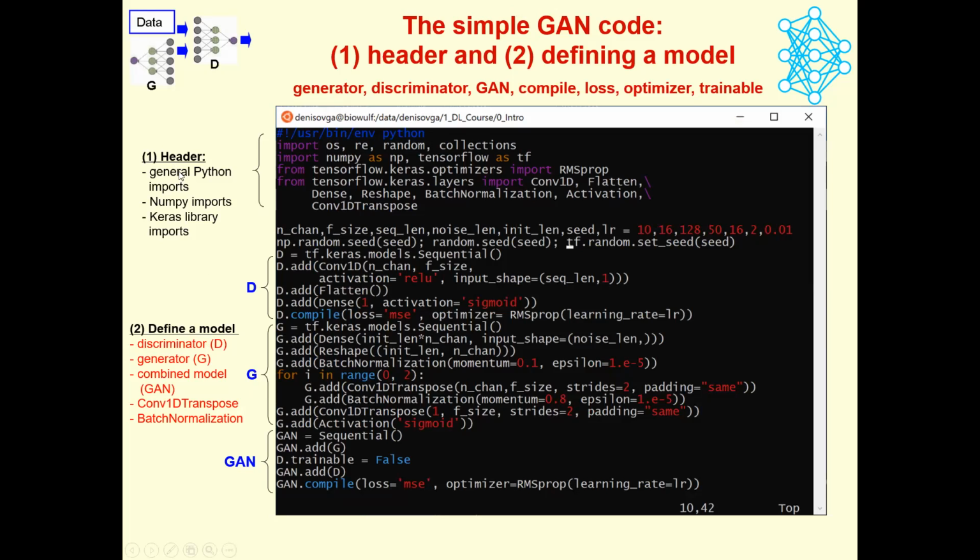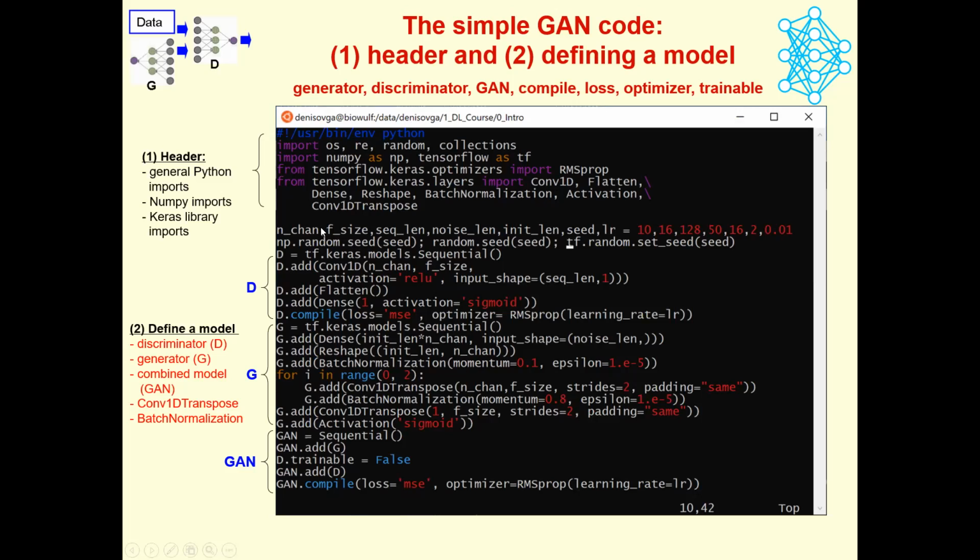The header is normally a set of import statements. We import general Python packages. We import NumPy and TensorFlow. And then we import some particular Keras layers and optimizer, and sometimes something else.